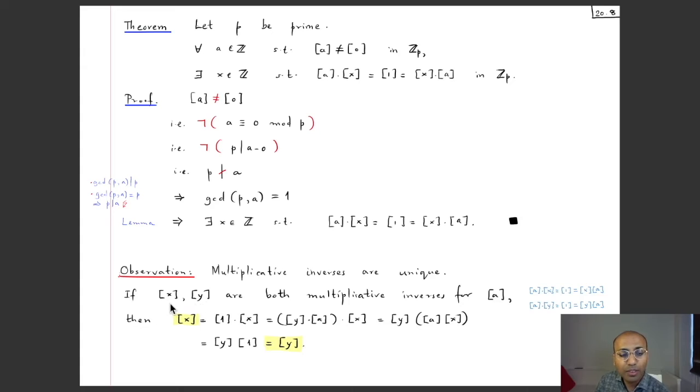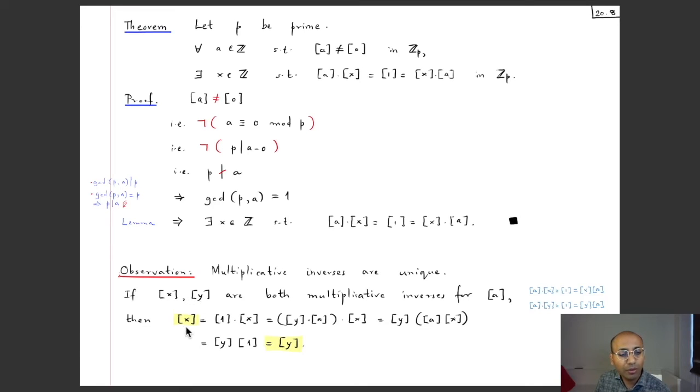And let us suppose that you have these two which serve as multiplicative inverses: the equivalence class containing x and the equivalence class containing y, both multiplicative inverses for the equivalence class containing a, so that these relations hold. This one multiplied by this one is the identity element with respect to multiplication, and similarly this element times this is also the multiplicative identity. Now we want to show that in fact these two are the same, that is, the equivalence class containing x is the same as the equivalence class containing y.